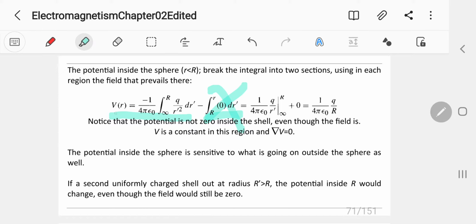And so the potential inside would be contributed just by the first one.